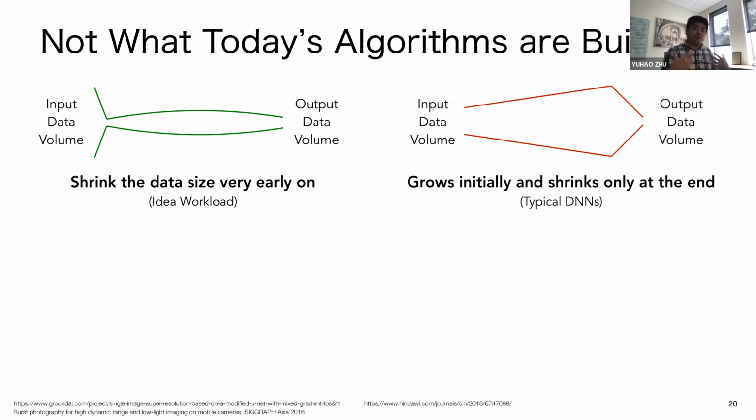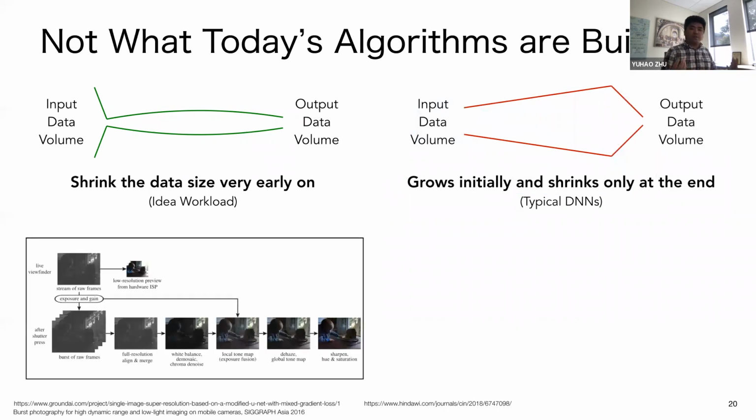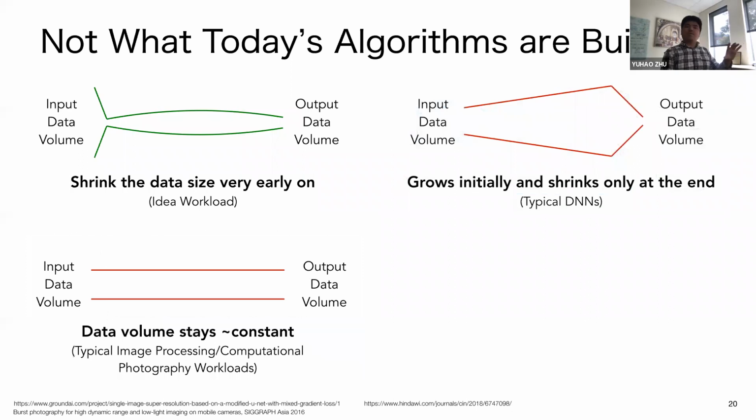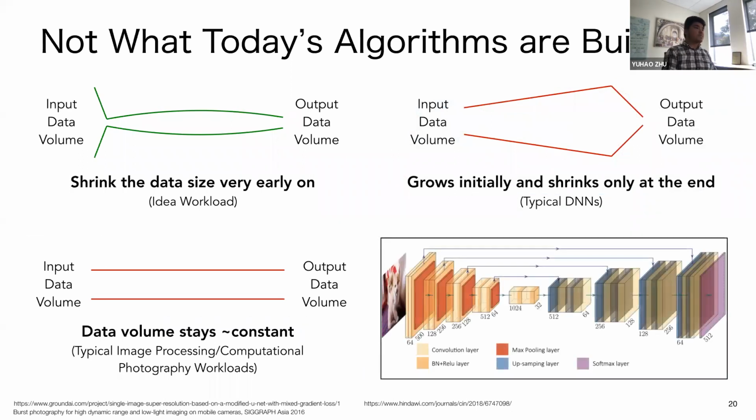That's not the pattern that we're looking for. If you look at computational photography pipelines, it's a linear pipeline where every stage takes an image in and produces another image. So the data volume stays roughly constant throughout the pipeline. Again, not the pattern that we're looking for.